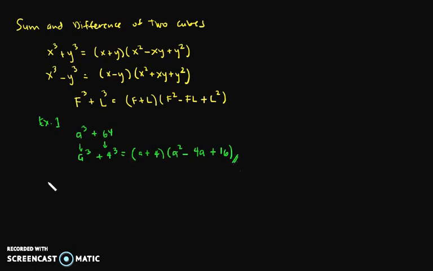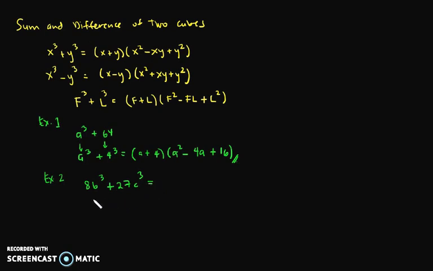Another example, we have 8b cubed plus 27c cubed. Again, what is the factor of 8b cubed plus 27c cubed?